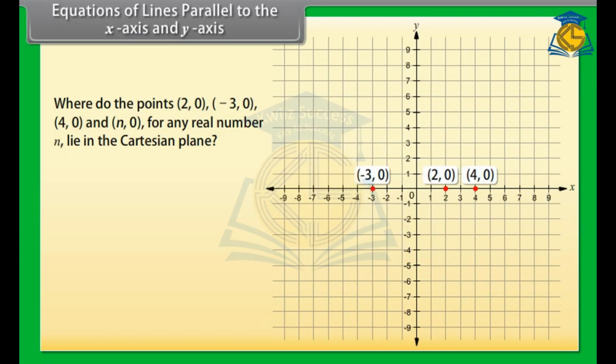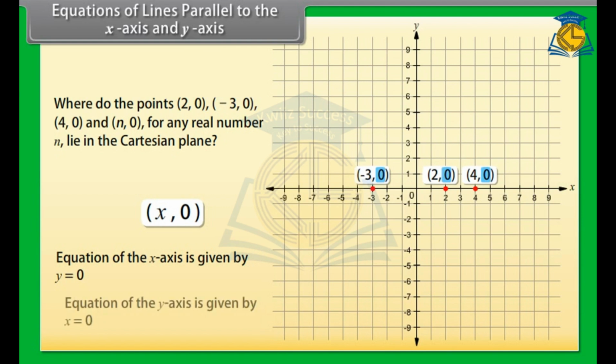Because on the x-axis, the y-coordinate of each point is 0. In fact, every point on the x-axis is of the form x, 0. So the equation of the x-axis is given by y is 0. Similarly, the equation of the y-axis is given by x is 0.